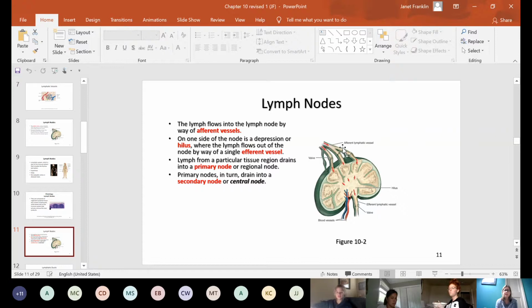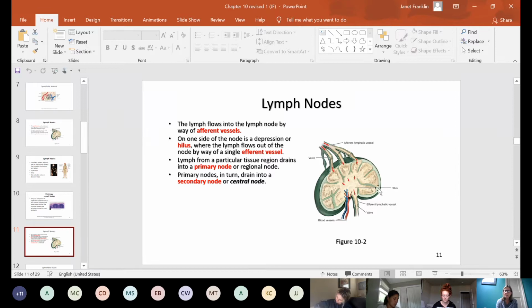On one side of the node is a depression or hilus where the lymph flows out of the node by way of an efferent vessel. So you have several afferent vessels and one efferent vessel. You can see this dip right here is what they're calling the hilus. It's where the kidney bean dips in, and that's where your efferent vessel is going to come out.